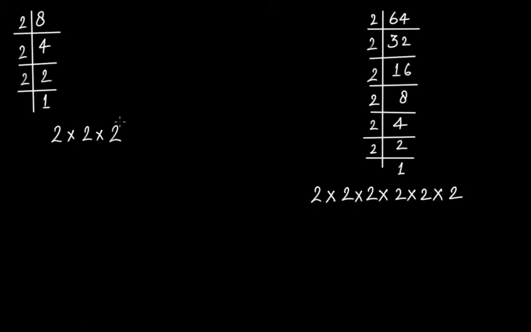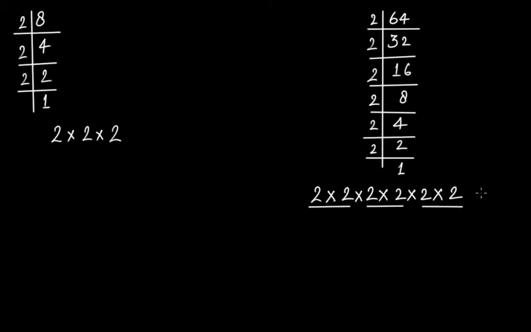Again, the count of the prime factor 2 here is 3. Here you have 6. It means that it's twice of what we have in the case of 8, right? And we can make pairs. This is one pair, this is another pair, and this is another pair.